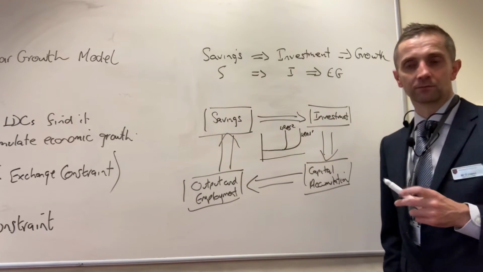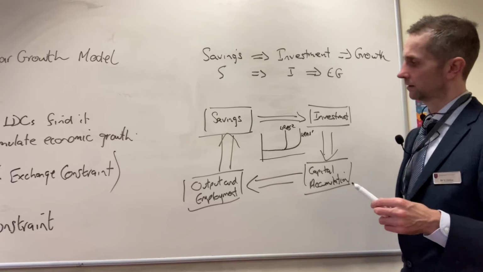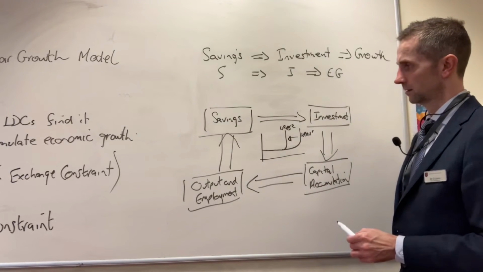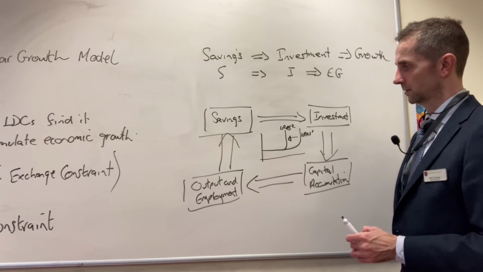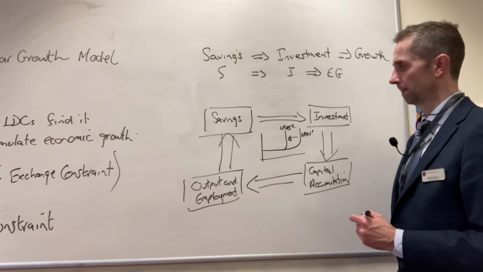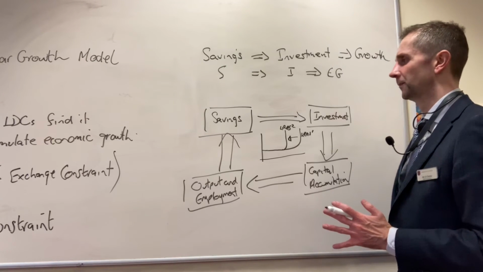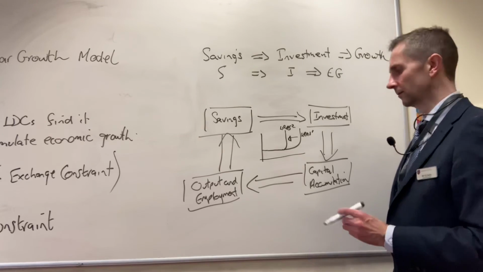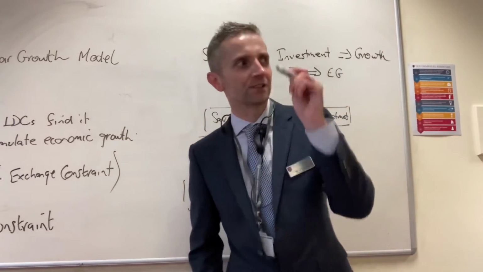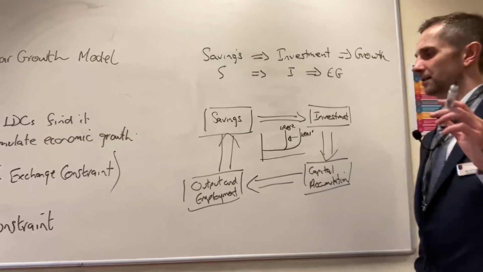Okay. Anything else? AD would either stay where it is or shift very, very slightly to the right. To the right. We know that AD is C plus I plus G plus X minus M, don't we? Yeah.